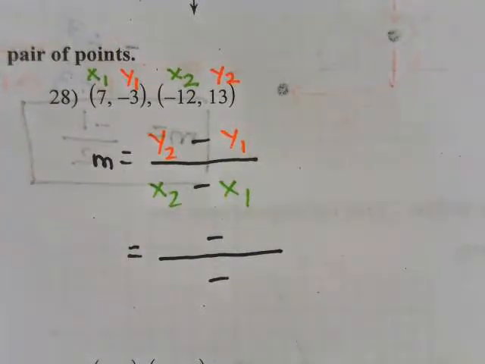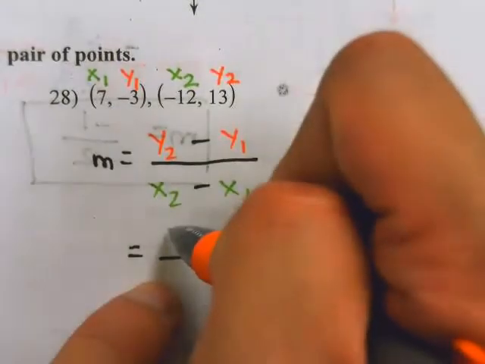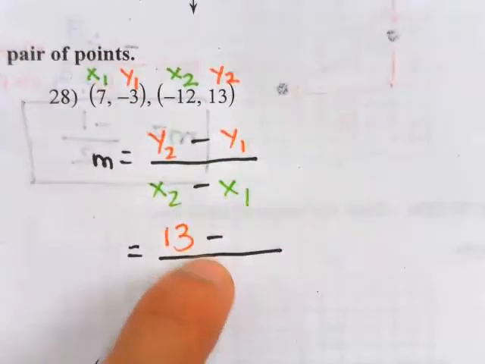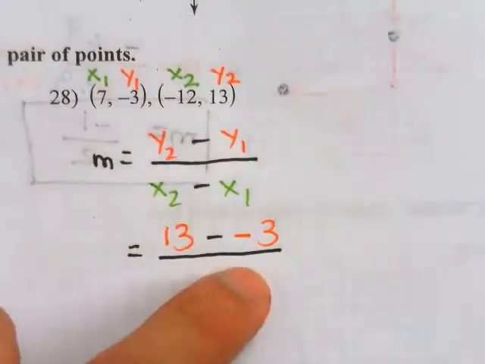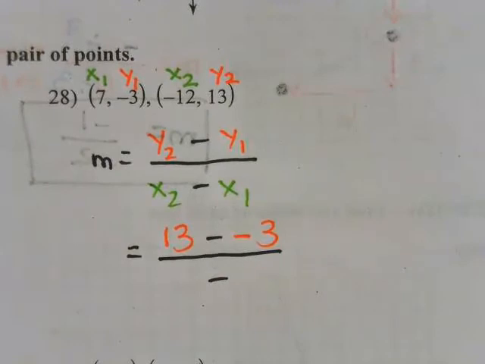What is your y2 value? 13 minus, what is your y1 value? So look at how I write it. 13 minus negative 3. That is correct.